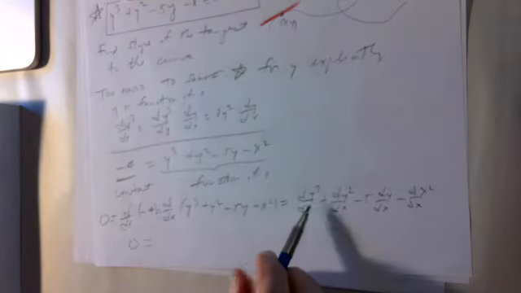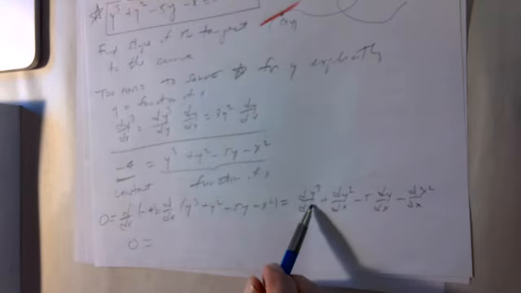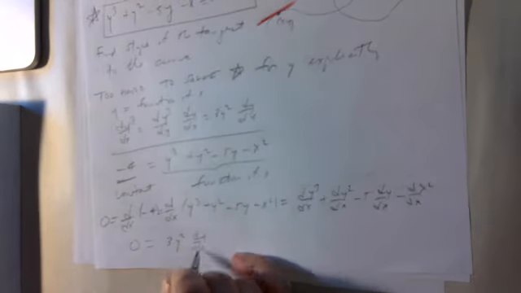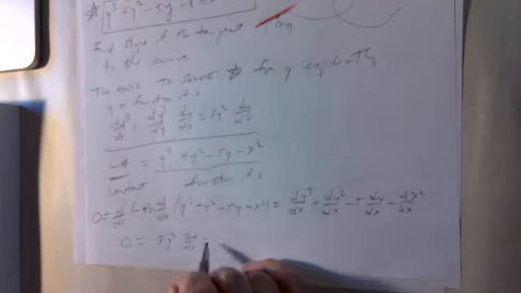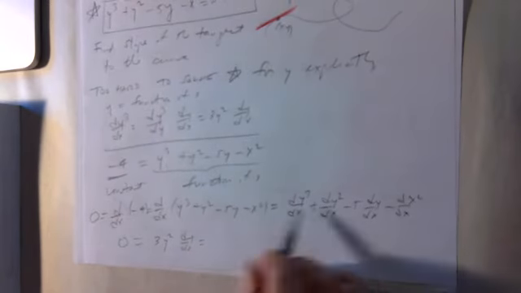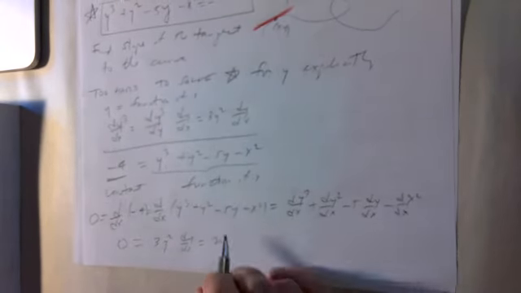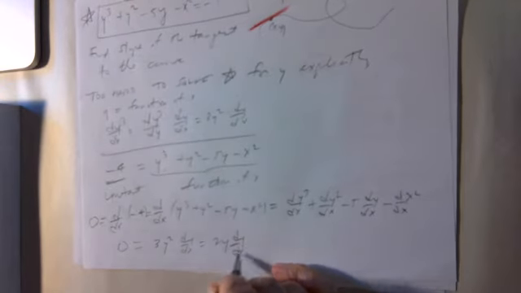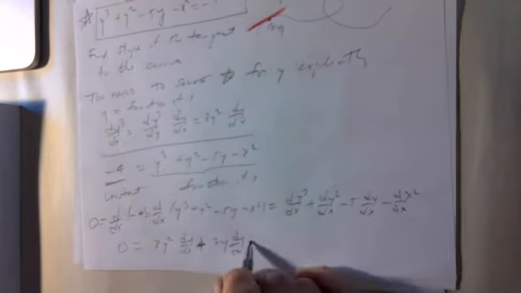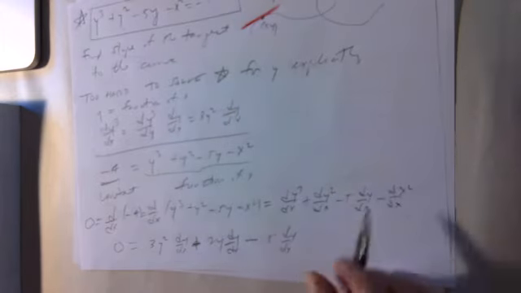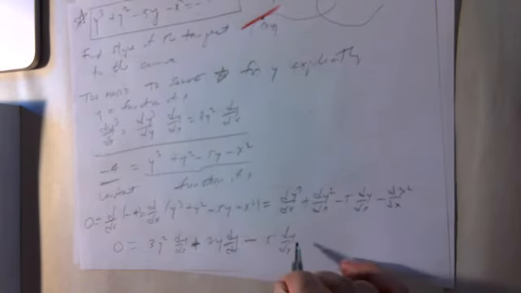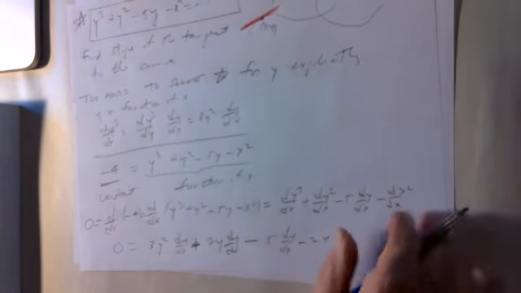So 0 equals the derivative of y cubed with respect to x. We just saw what that is. That's 3y squared dy/dx. The derivative of y squared with respect to x, differentiate with respect to y, you get 2y times dy/dx. Minus 5 times dy/dx, minus the derivative of x squared with respect to x, which is minus 2x.